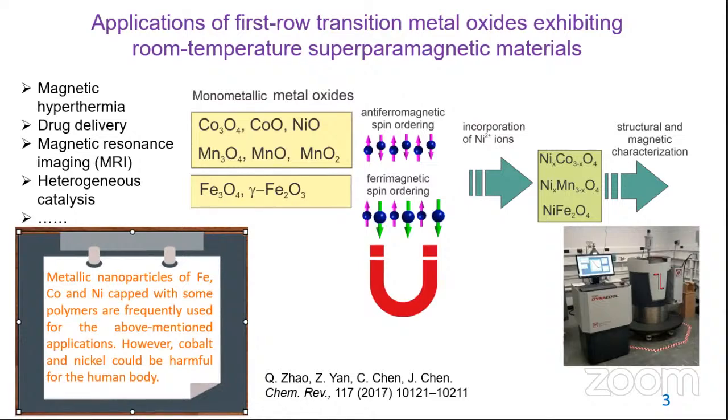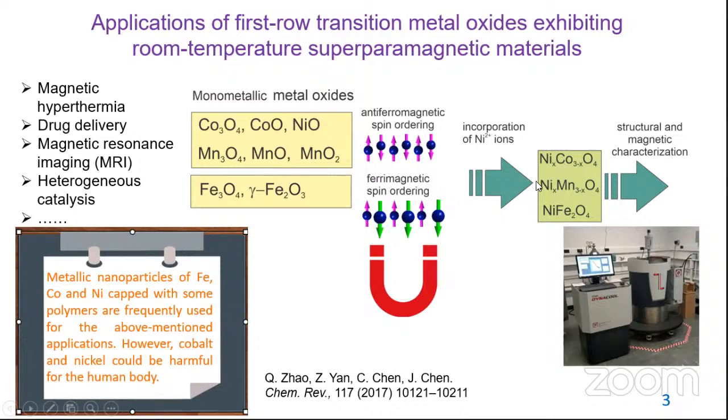In the case of monometallic metal oxide nanostructures like cobalt and manganese, due to their spin arrangement, they are normally antiferromagnetic in nature, while iron oxides are normally ferromagnetic. They have ferromagnetic spin ordering. So what we want to do is incorporate nickel in a certain concentration to make them superferromagnetic.